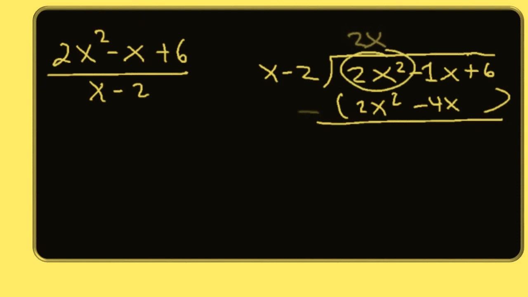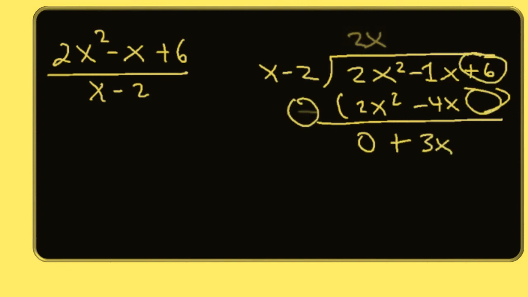Now subtract: 2x squared minus 2x squared is 0. Then negative 1x minus negative 4x is the same as negative 1x plus 4x, which is a positive 3x. 6 minus 0 is simply 6, so we bring the 6 down.